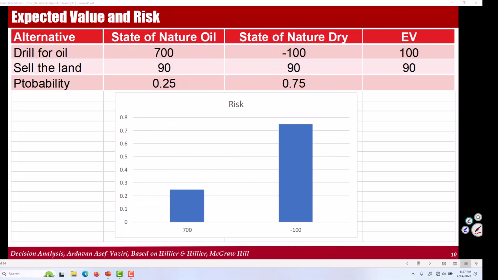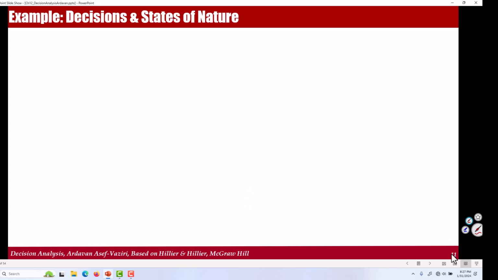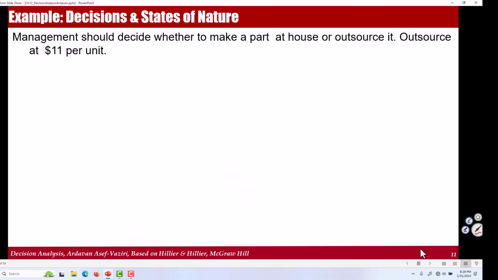Now let's do a little bit of practice: how to create a payoff table and how to use the MaxiMax, MaxiMin, and Min Regret approaches we learned. We practice with an example in which preparing the payoff table is not very straightforward.